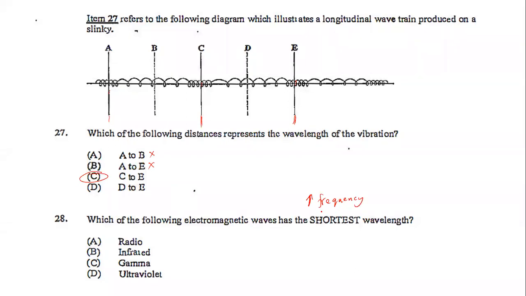And greatest frequency means which one is the most dangerous. So out of these four here, it is gamma rays that is most dangerous. My students, I shared a mnemonic recently. I can't recall it, I got it from somewhere, about how to remember the order of the electromagnetic spectrum in terms of wavelength. So probably some of you are applying that mnemonic.